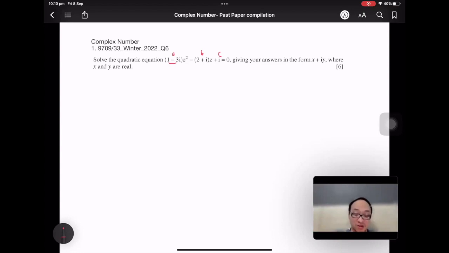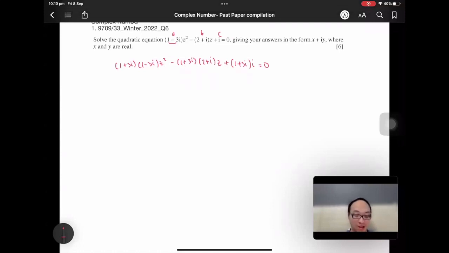So all terms I will multiply by the conjugate of 1 minus 3i. So I multiply by 1 plus 3i: minus (1 plus 3i)(2 plus i) z, plus (1 plus 3i) i equals 0.